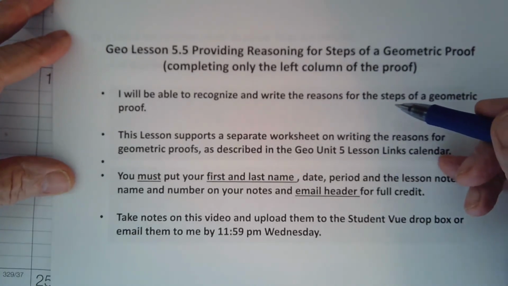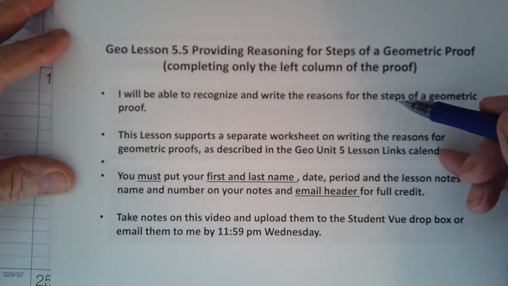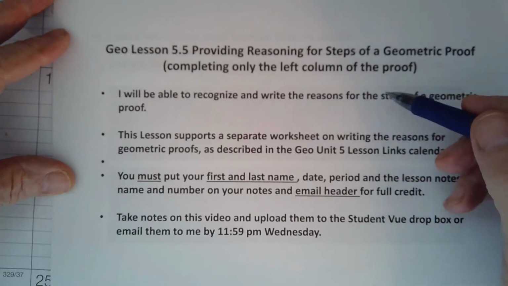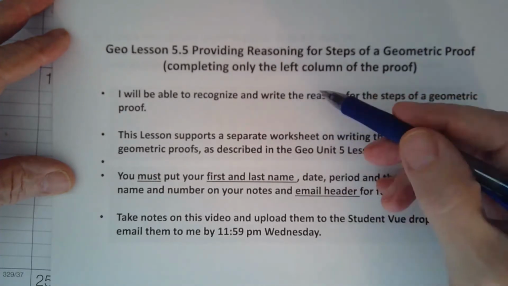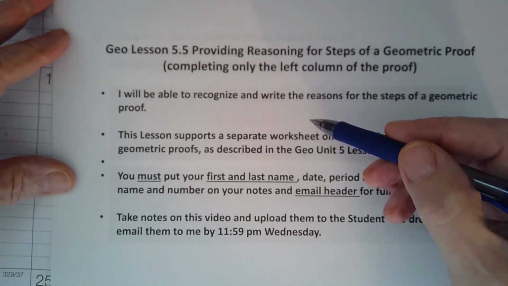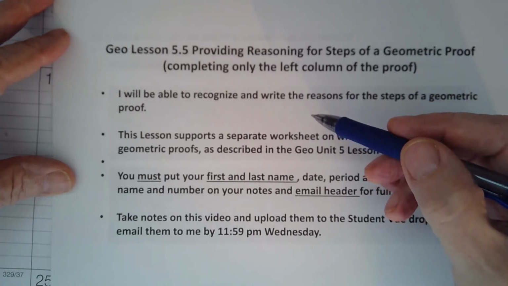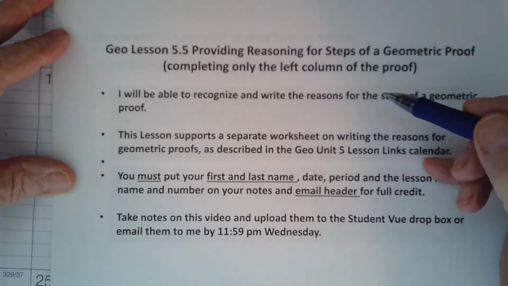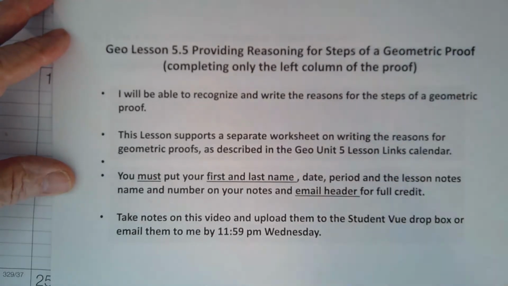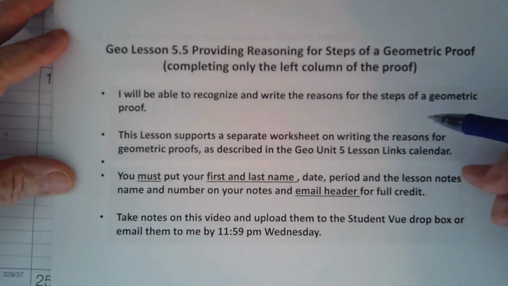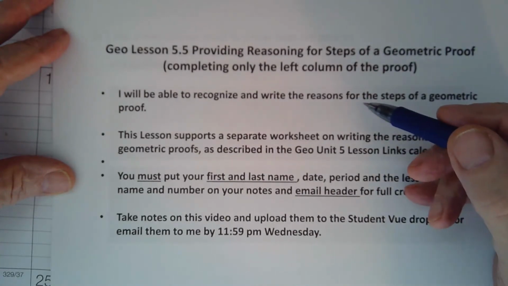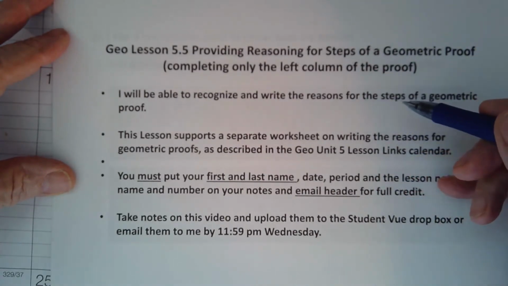Then in lesson 5.3, we did one-step proofs, which were basically two-column proofs where you were given some information and told to prove it, and the proof was the reasoning step. We did both algebraic and geometric one-step proofs.